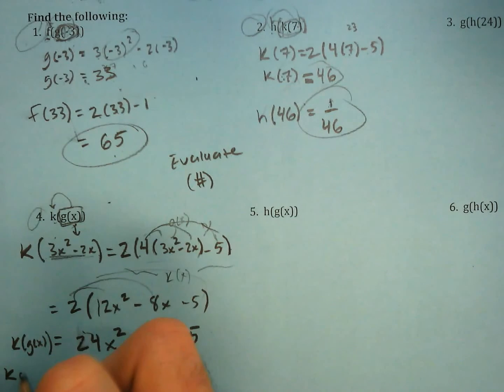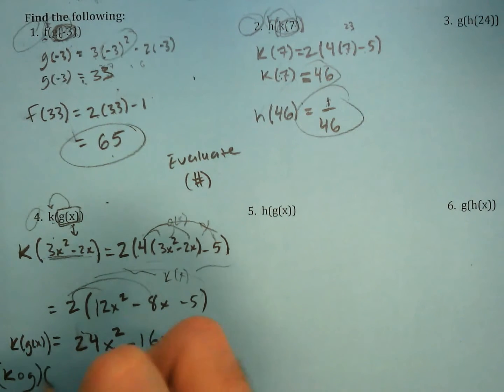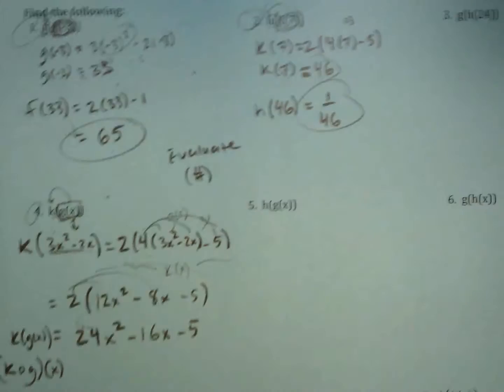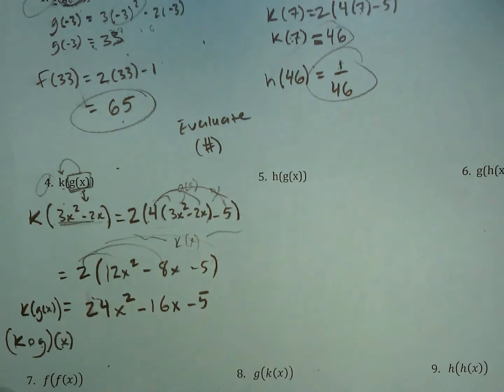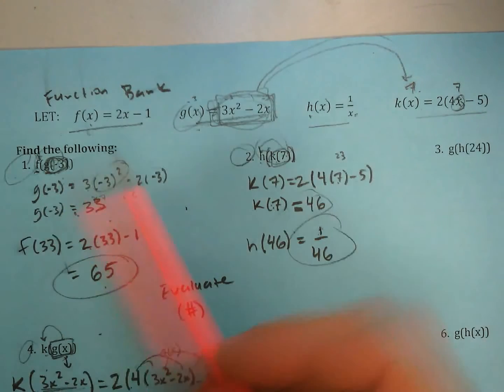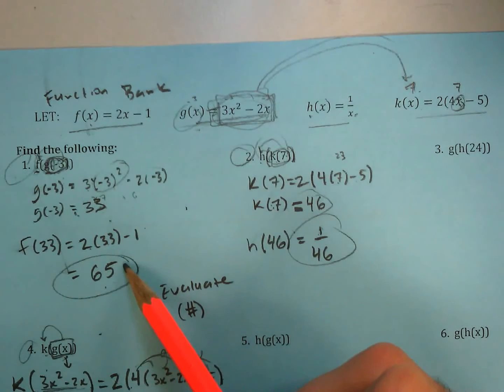And remember, we can write it like this. Composition with that little o, like k of g of x. The little o means of. Now, if we wanted to evaluate k of g of 1 or of 2 or of negative 7, we could do like we did up here and plug it into one function and then plug it into the other.